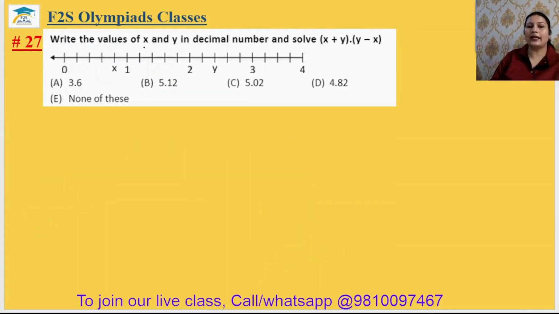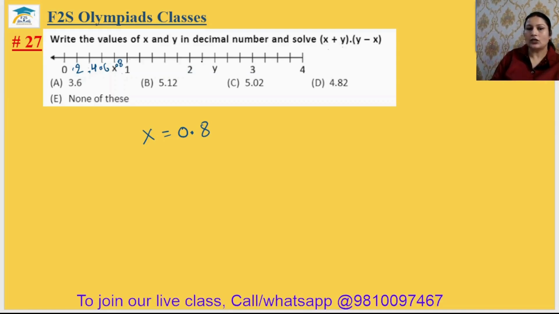27th. Write the value of x and y in decimal number and solve x plus y, point, y minus x. So what is the value of x? Actually 0 here. So look, 1, 2, 3, 4, 5. 1 is divided into 5 parts. So it should be 0.2, 0.4, 0.6, 0.8 and then 1.0. X equals 0.8.